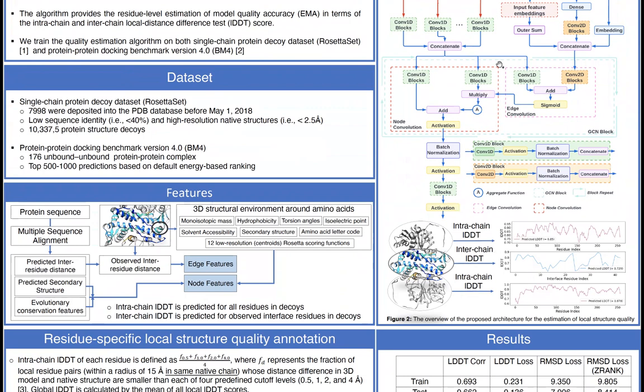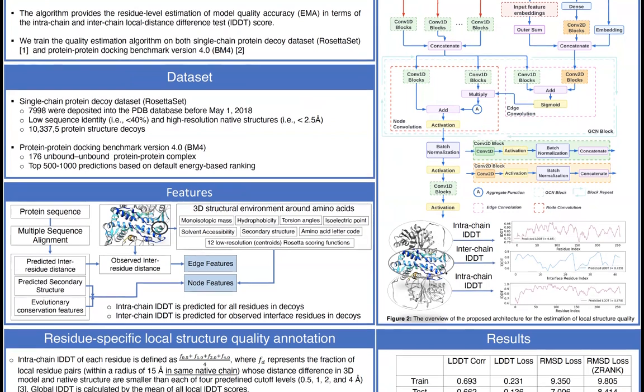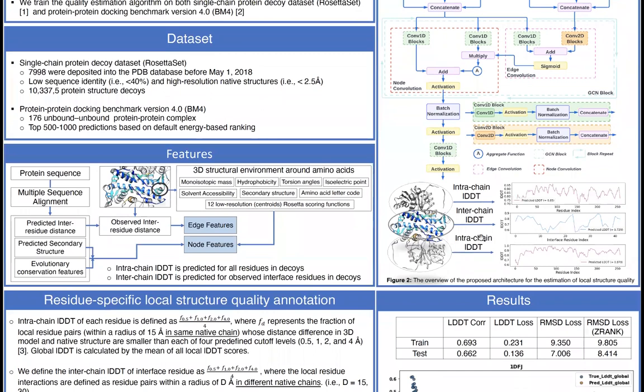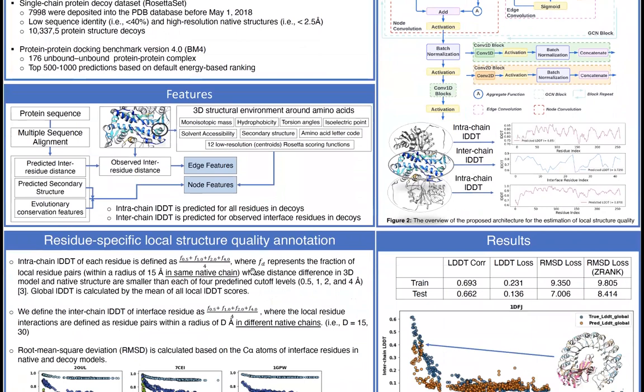If the input is a protein complex model, it will also give us the quality prediction for a list of the interface residues. We define this interface residue score as the interchain LDDT score. So these are the two types of outputs, and both outputs can be combined to rank the proteins, either single chain proteins or complex proteins, for the computational approach.